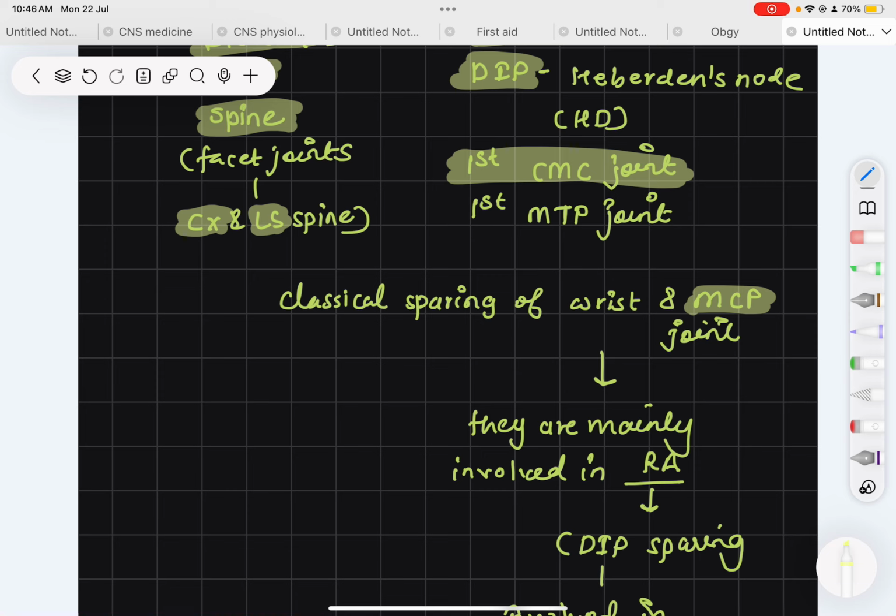So carpometacarpal only the first one, metacarpophalangeal is not affected, and the intercarpal wrist joint is spared. So the wrist joint and metacarpophalangeal joint are not affected. This we have to remember.